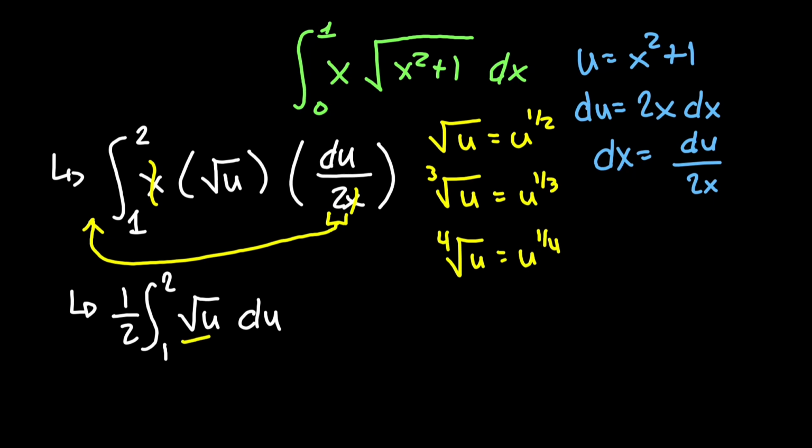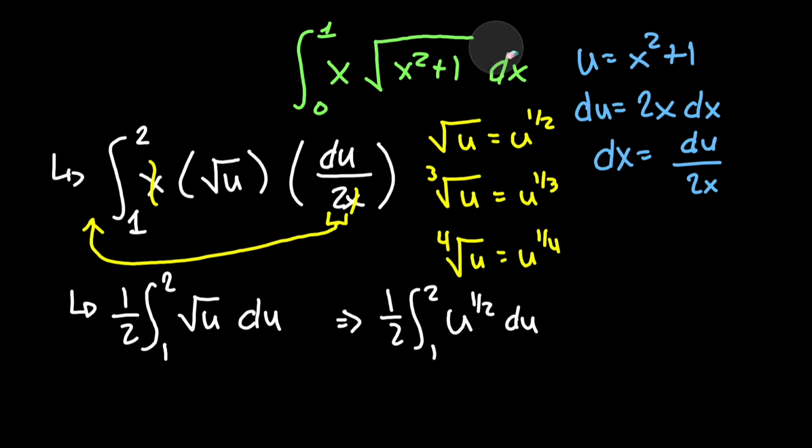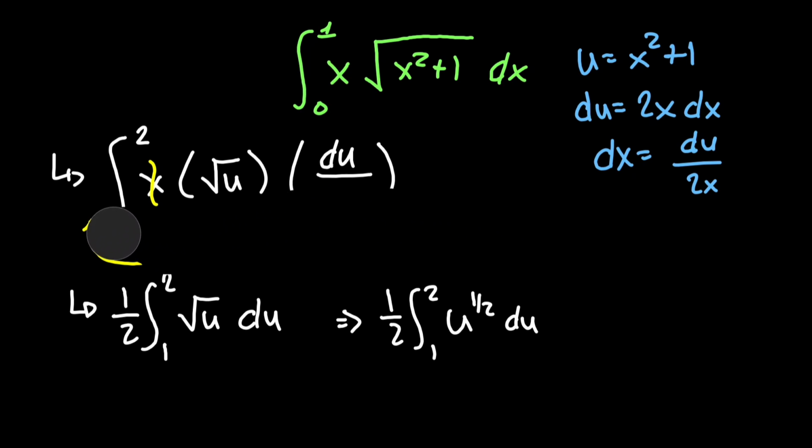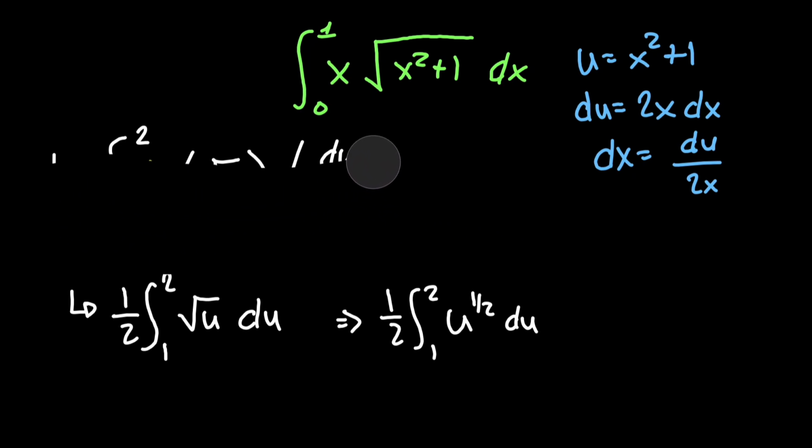So in our case, it is a square root, so this would be equal to u to the power of 1/2. The reason for this would be to use the power rule, so we would want it to be in exponent form.